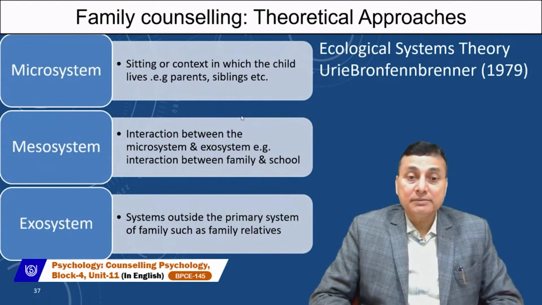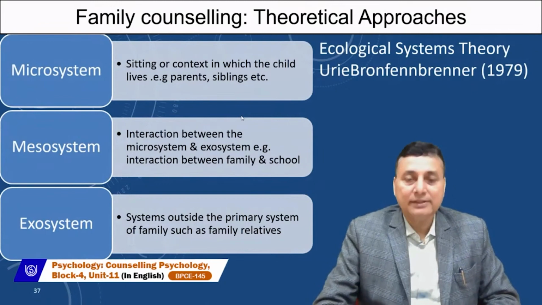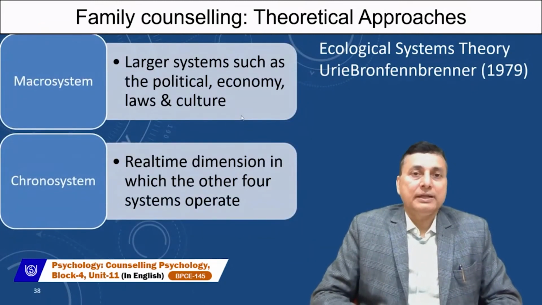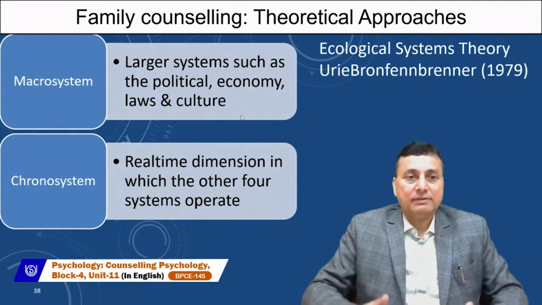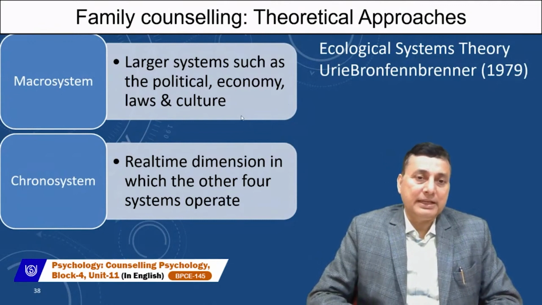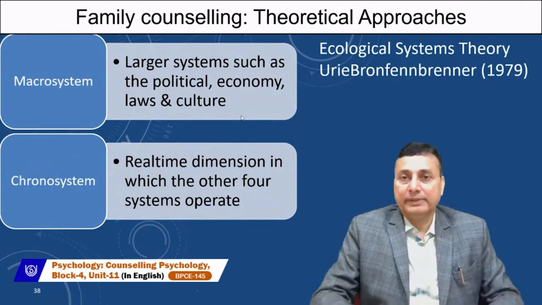Exosystem, systems outside the primary system of the family, such as family relatives, school, other institutions. Macrosystem, larger systems such as political, economy, law, and culture. And the chronosystem, like real-time dimensions in which the other four systems operate.